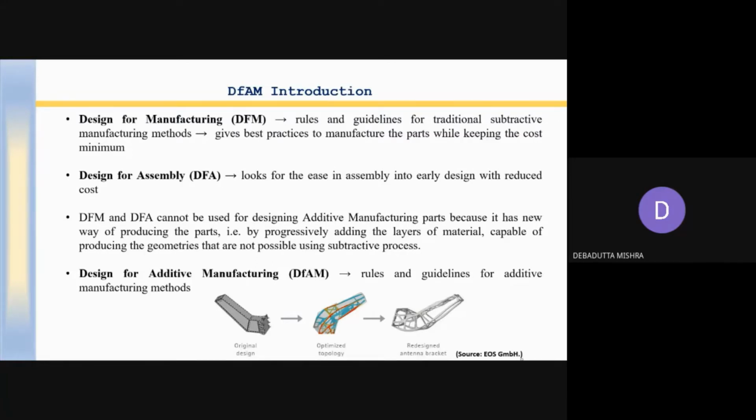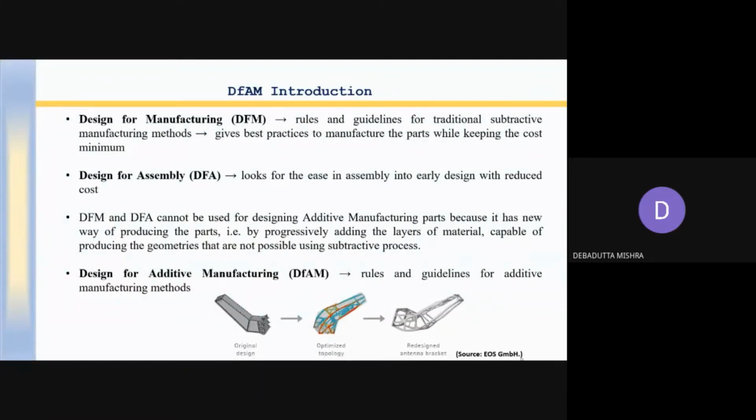Similarly, DFM and DFA cannot be used for designing for additive manufacturing because it has a new way of producing the part. The way of producing a part in conventional manufacturing is different from the way of producing a part in additive manufacturing. That is why you have to set rules and guidelines for additive manufacturing methods.